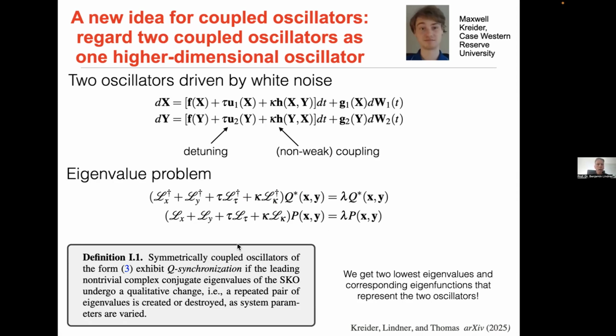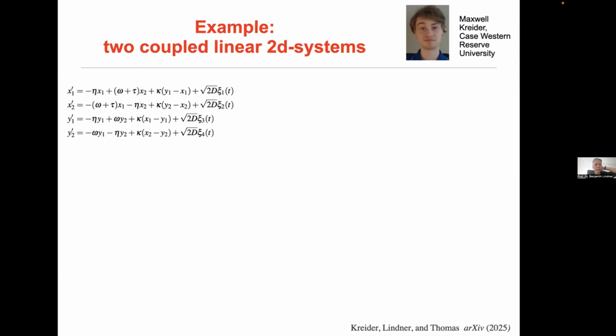And now what Max has put forward here is that we can define Q synchronization happening if something qualitatively changes for these eigenvalues. And I will tell you what happens for a very simple example, namely two foci, so linear systems, 2D linear systems that have a focus point in the origin.